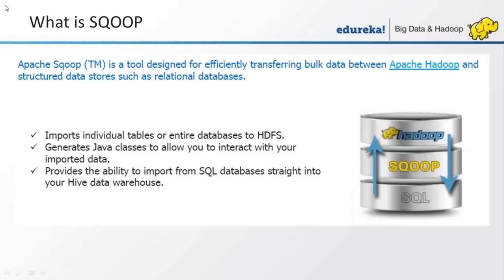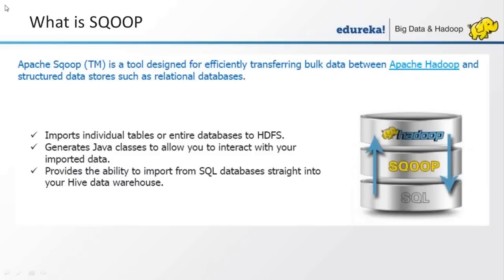You can only analyze it if you can bring it to the same platform. So if you can bring the relational data into the Hadoop platform, in the HDFS storage, then you can look at the data from the relational database as well as from the various unstructured data.